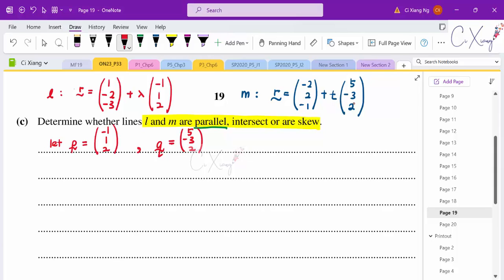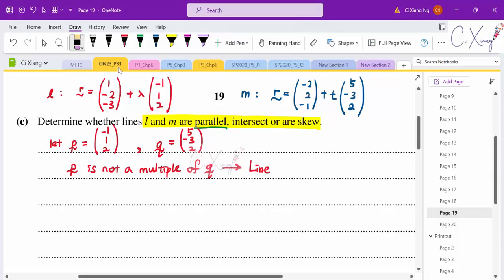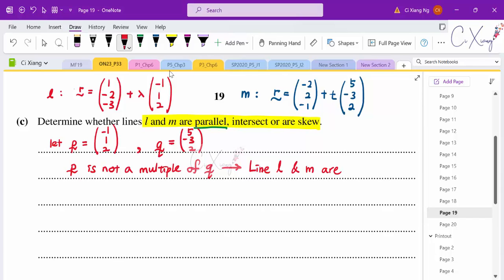To decide whether they are parallel or not, you just look at the direction of the line and conclude whether they are multiples of each other or not. Very obviously they are not multiples of each other, so you can write that P is not a multiple of Q. Therefore, line L and M are not parallel.